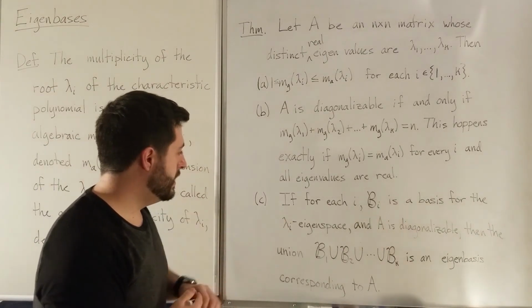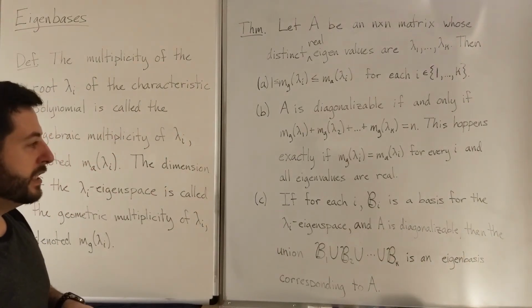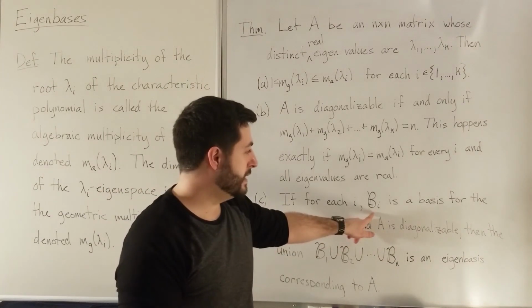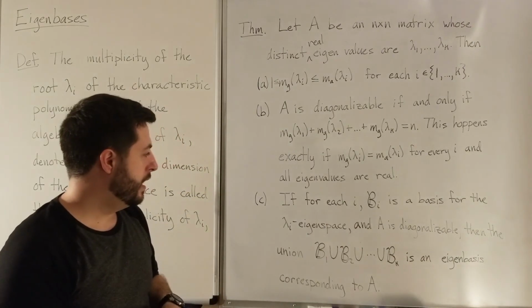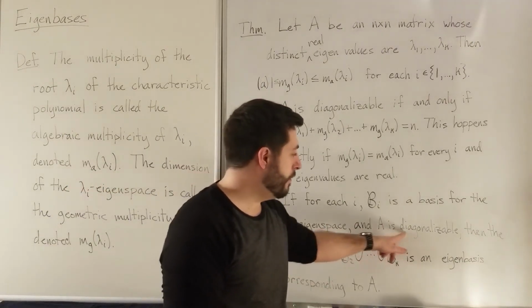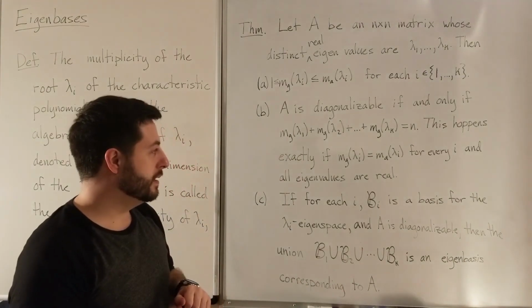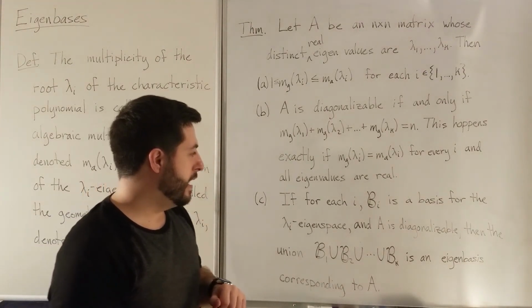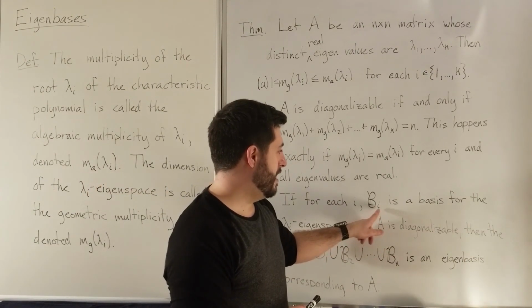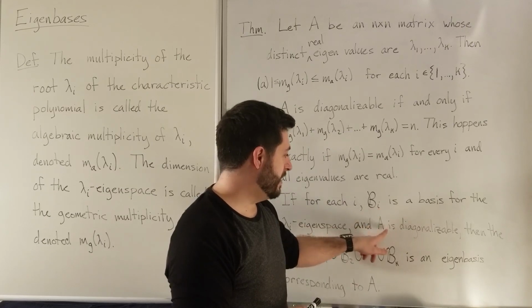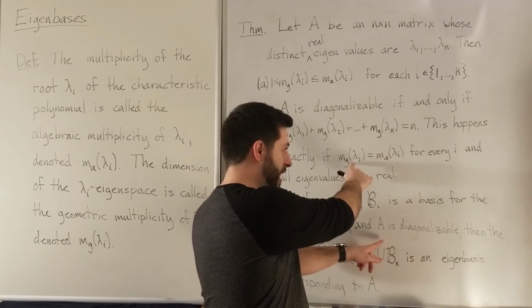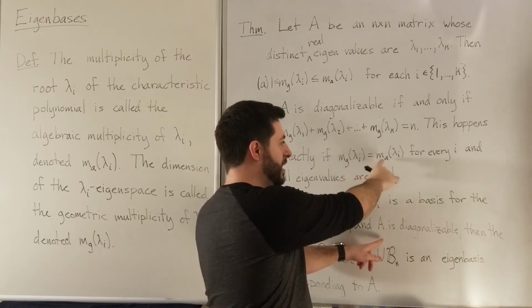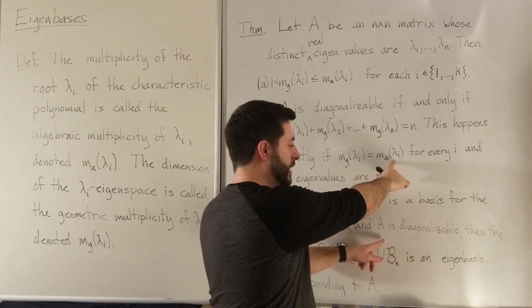Okay, part C says if for each I we get a basis for the lambda I eigenspace, we're going to call that bi, and we already know that A is diagonalizable. And let me just say that having A be diagonalizable is the same thing as having the dimension of bi equal to the algebraic multiplicity.